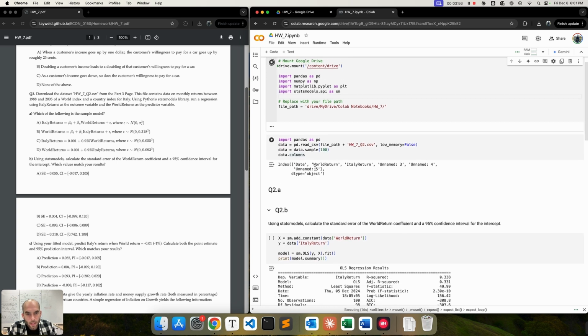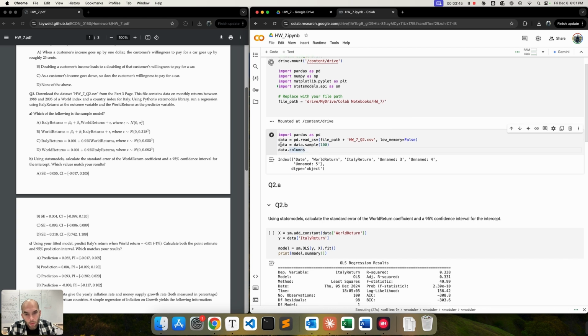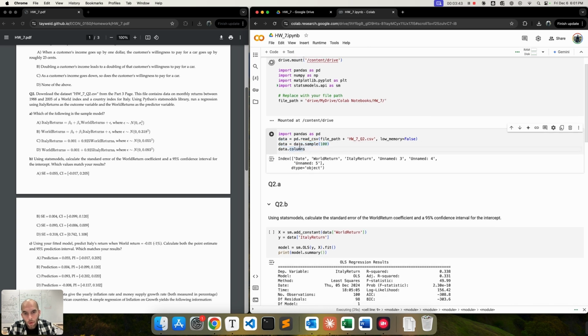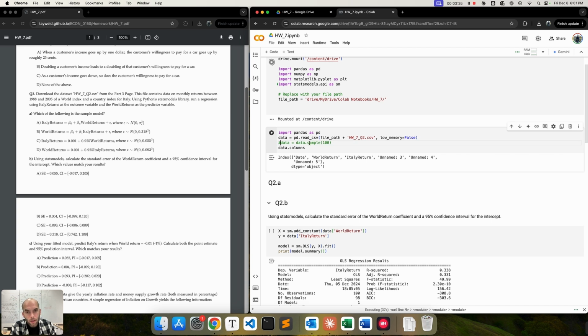So once we get connected, we're going to load our data set. So I've specified the file path, and then I'm just going to sample from the data set. But when you run this for yourself, you will not run this part. So you can get rid of that if you like.